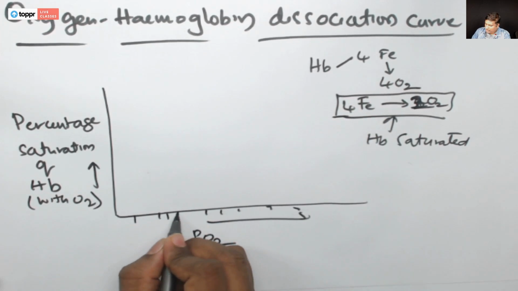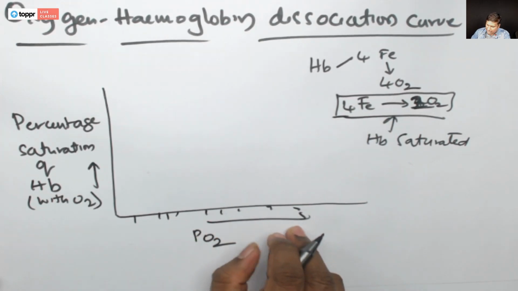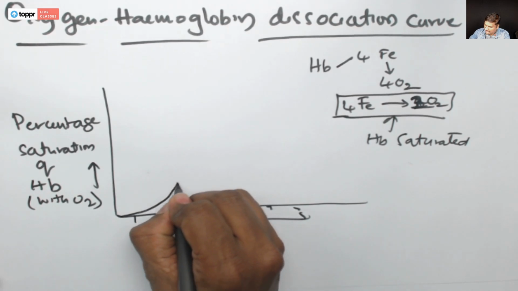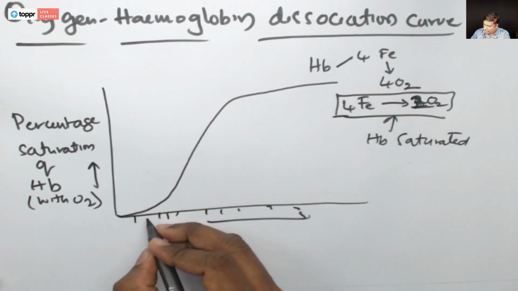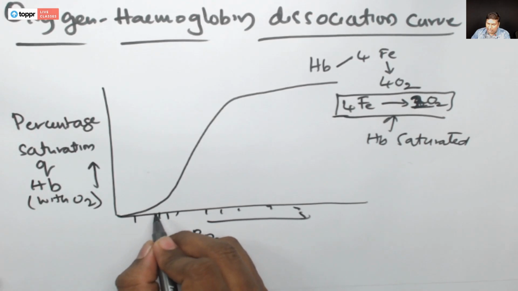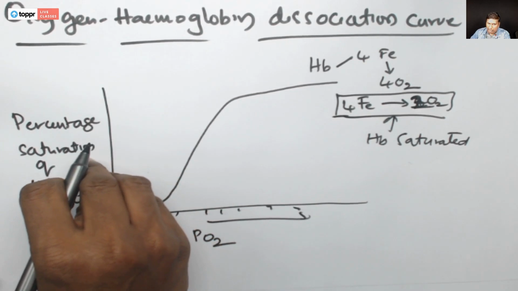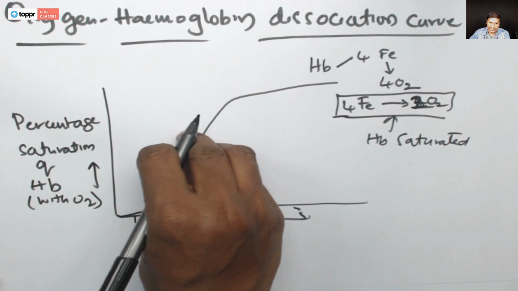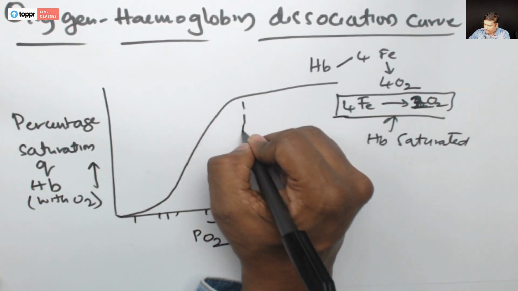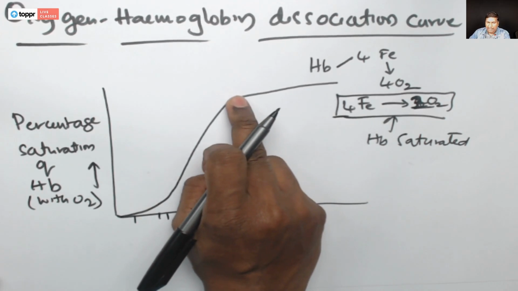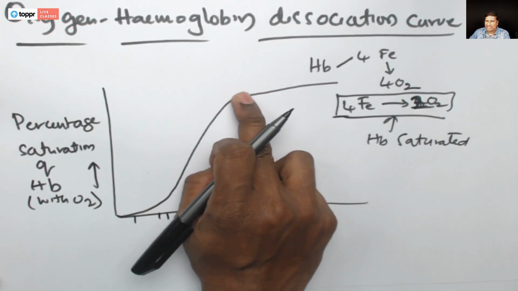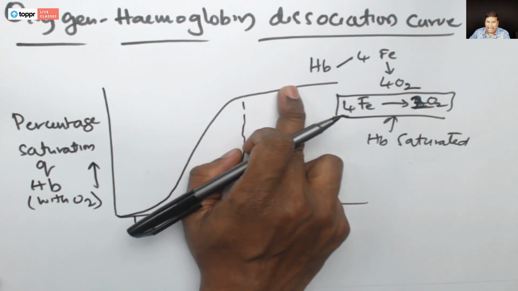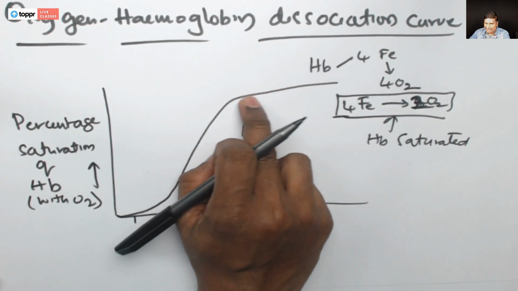So when we increase the partial pressure of oxygen continuously, we'll see a graph like this. In the initial stages, as you increase the concentration of oxygen, more and more hemoglobin will bind the oxygen molecules and get saturated. At some point, the oxygen concentration is high enough that all the molecules are already saturated.